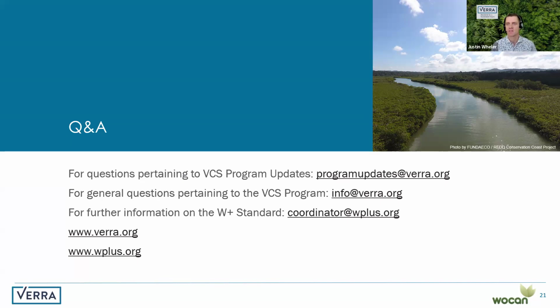Okay, Chetan, the VCS standard requires a positive impact on 3 SDGs. If a project does VCS and W+, does it not also need to comply with this requirement, or will W+ certification allow the project developers to comply with this requirement?